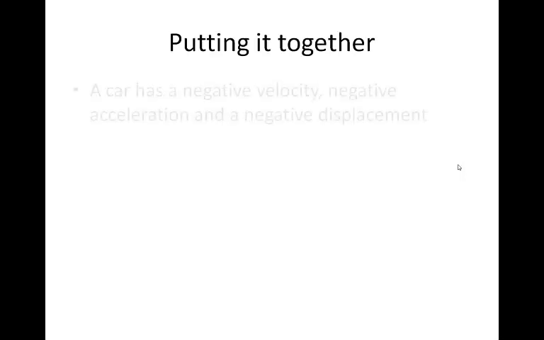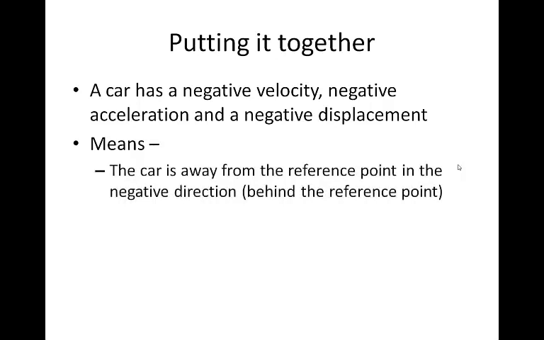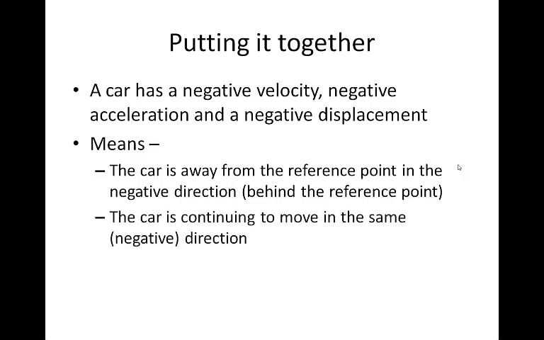All right, now putting it all together. If a car has a negative velocity, negative acceleration, and negative displacement, the car is moving away from the reference point in the negative direction. So it's kind of behind the reference point. The car is continuing to move in the same direction, and it is moving, it isn't stopped.